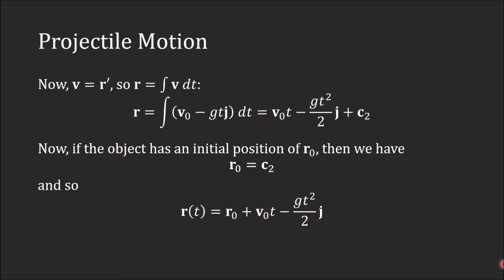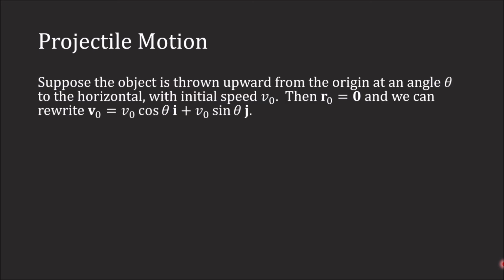If we now suppose that the object is thrown upward from the origin at an angle of theta to the horizontal with an initial speed of v naught, then r naught is the zero vector, and we can rewrite v naught as v naught cosine theta i plus v naught sine theta j.